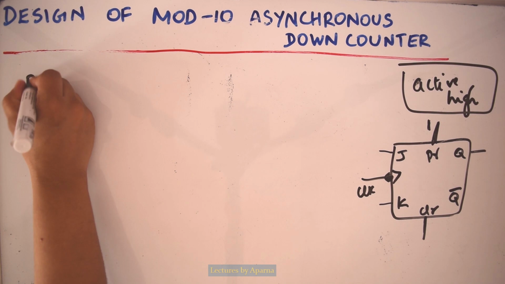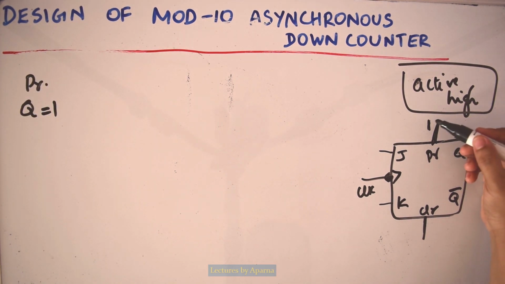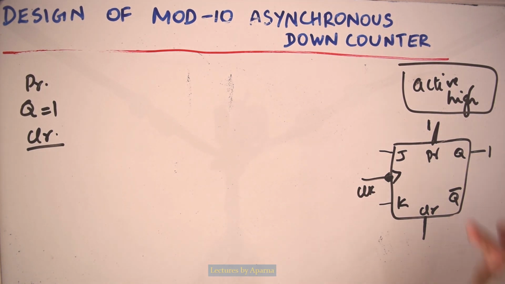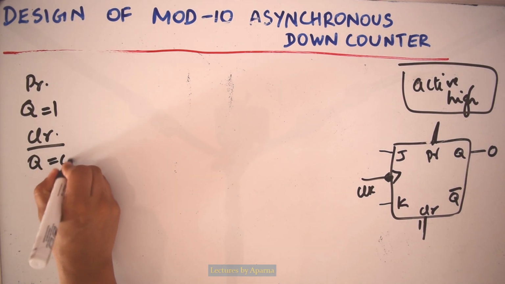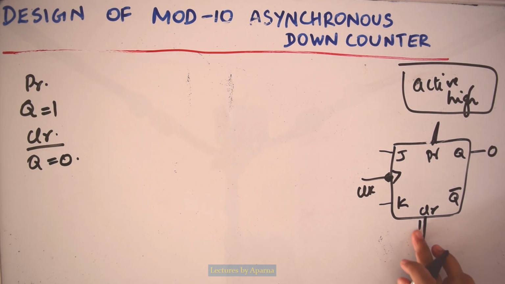The function of the preset is to make output Q equal to 1. So when a 1 comes here, Q will become 1. And when a 1 comes here at the clear, then the output Q will become 0. So this is a case of an active high flip-flop.